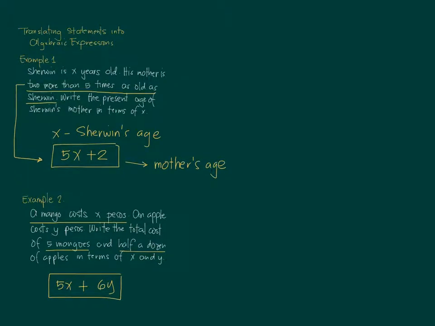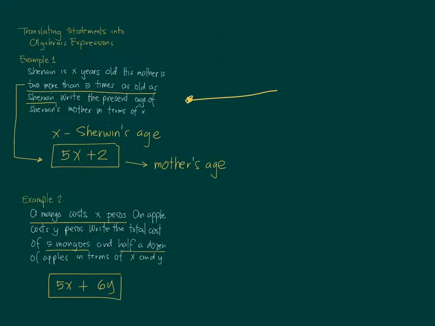Just to give you more idea, in the case of the first, you might encounter some examples where, instead of saying 2 more than, we say 2 less than 5 times. Like maybe we can change the example into Sherwin and his sister.